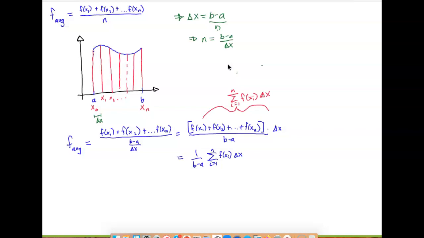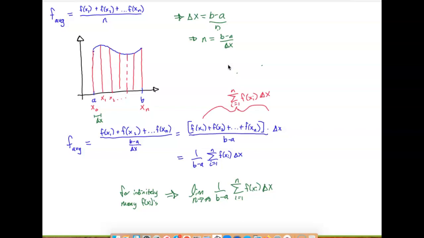So if I take the limit as I let n go to infinity of 1 over b minus a sigma i equals 1 to n of f of xi delta x, well, this should look like a pretty familiar limit.